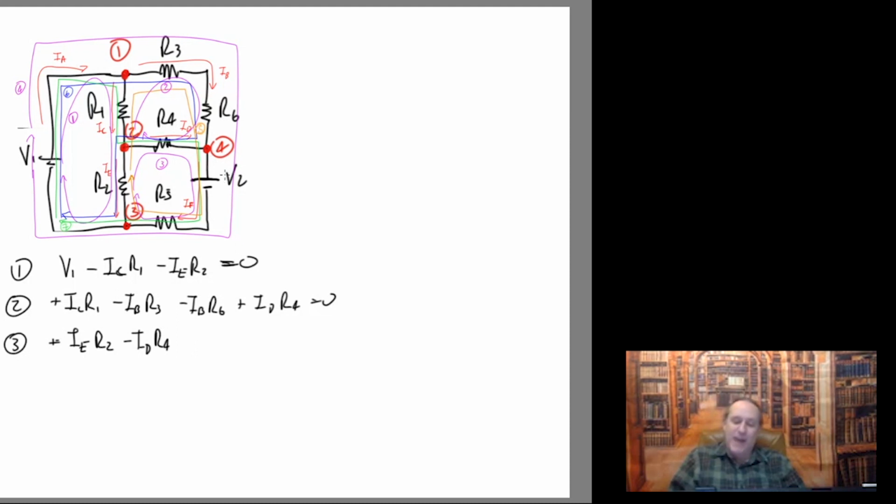Then I cross this battery, but I'm going the wrong way. So minus V2. And then as we go across R5, we're going in the direction of the current IF. So we have a minus IF times R5.